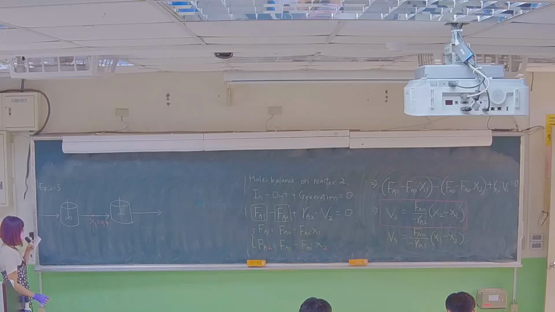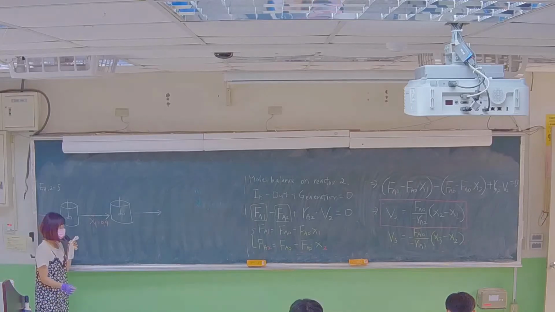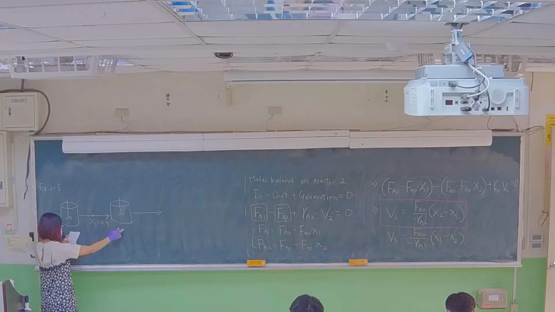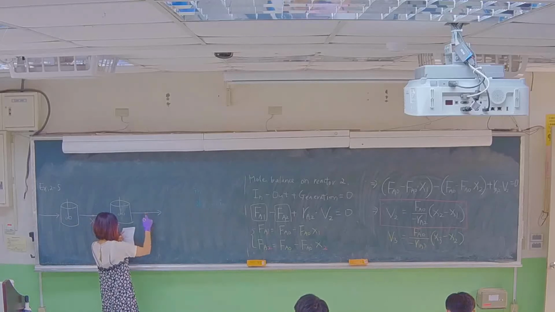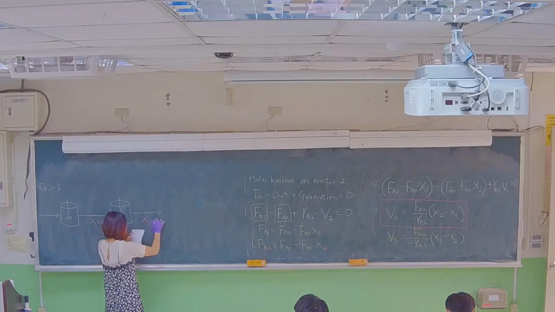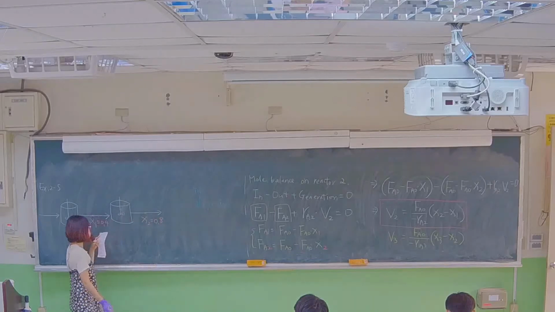Okay, what is the volume for each of the 2 reactors? The volume for these 2 reactors to achieve 80%. So that means X2 is equal to 0.8.